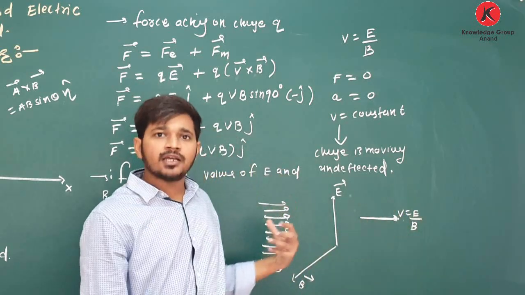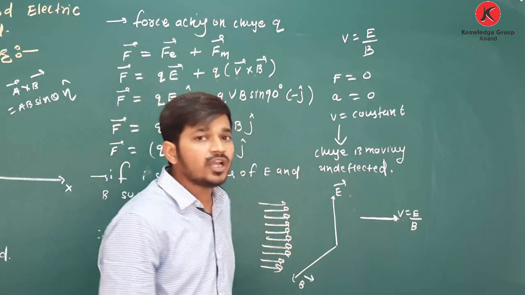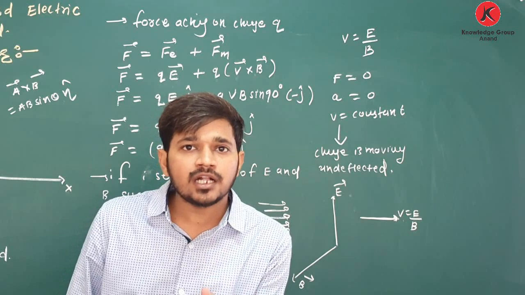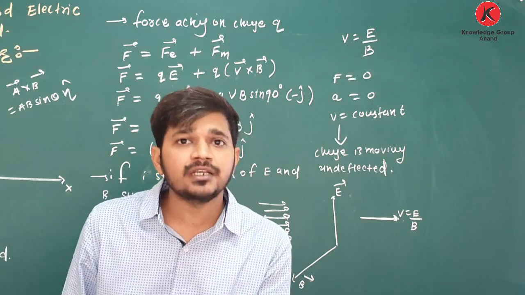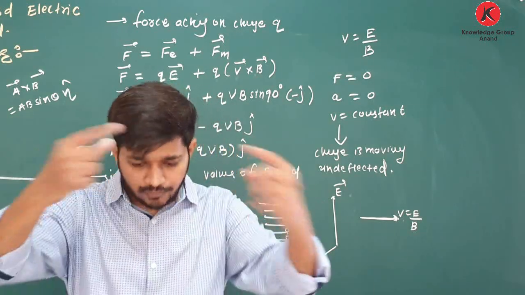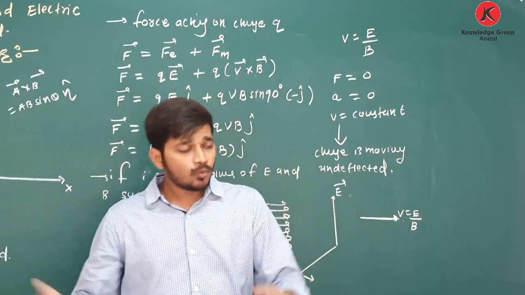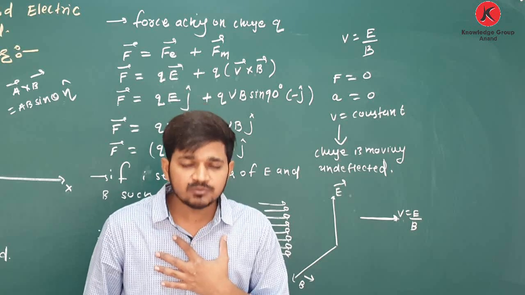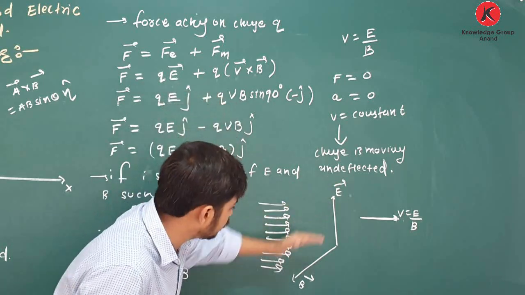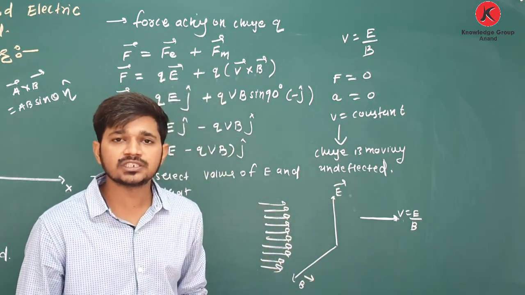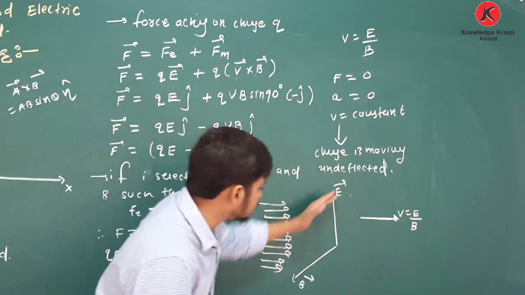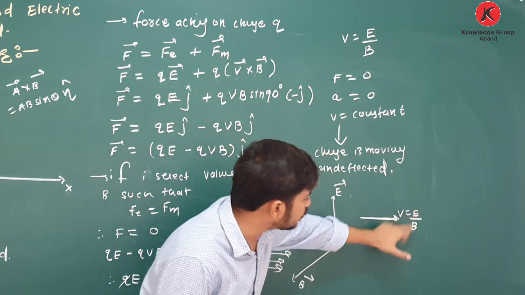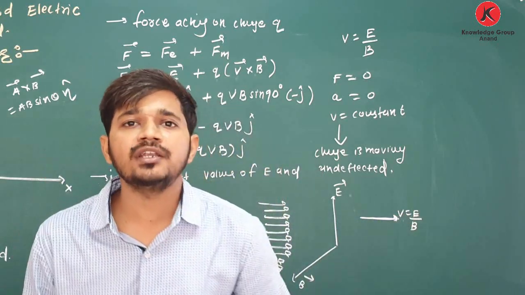So this cross field is used to select charge particles with some specific speed. If we have numbers of charges moving in different speeds, but I want charge with some specific speed, I can use such cross field, because only particles having speed V is equal to E upon B will move undeflected.